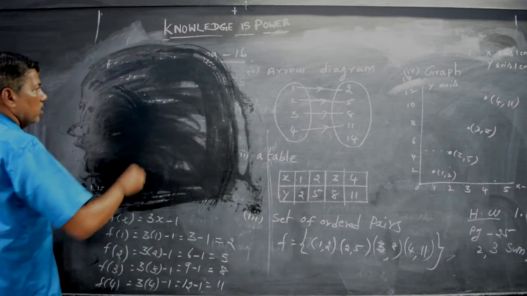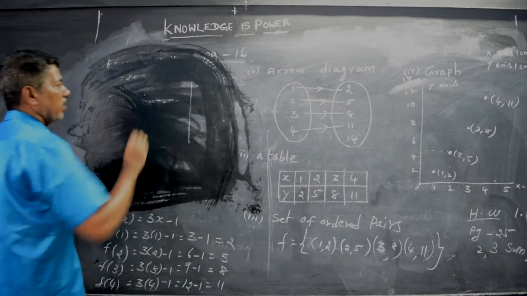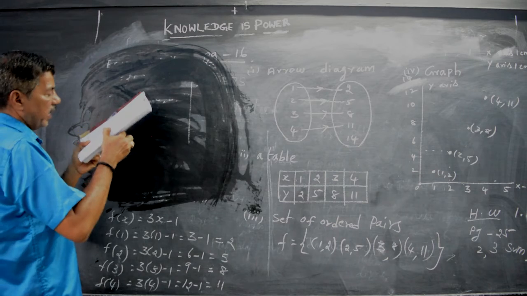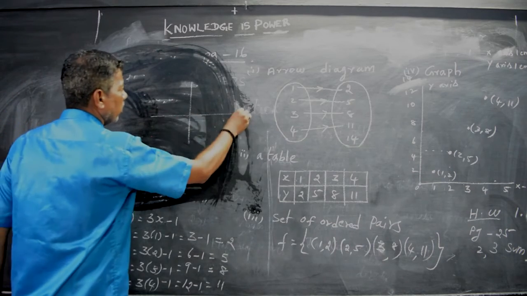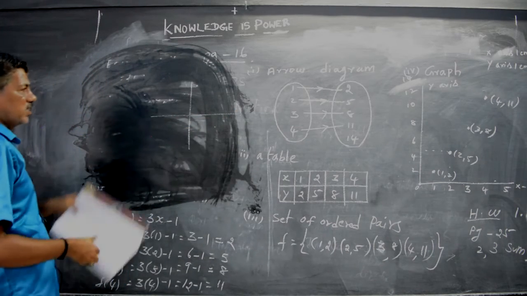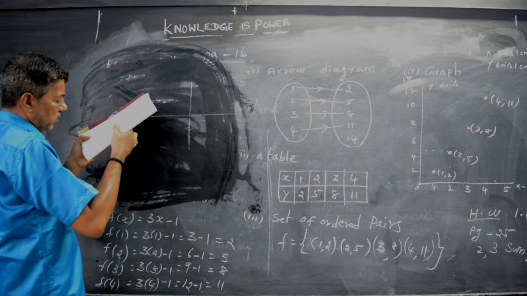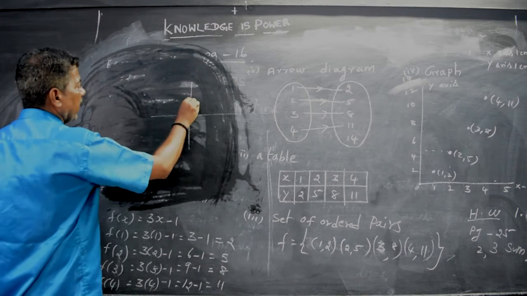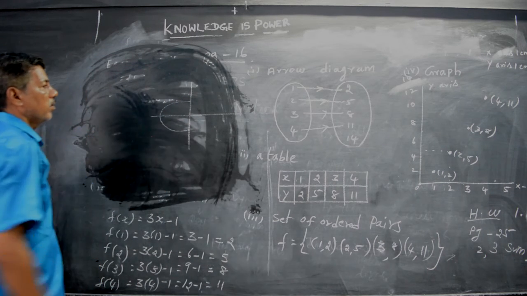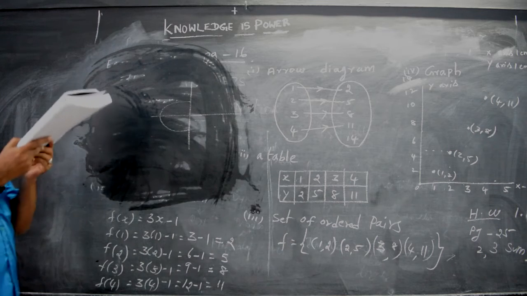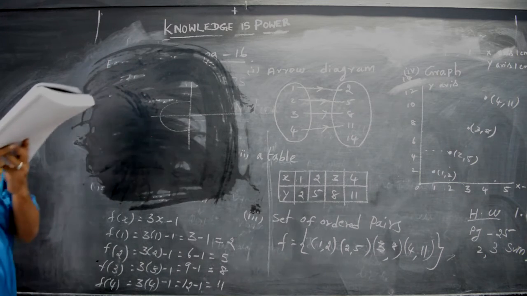See the first one. The diagram is given: x-axis and y-axis, as I told in the previous class, and a line drawn like this. It is not a function.